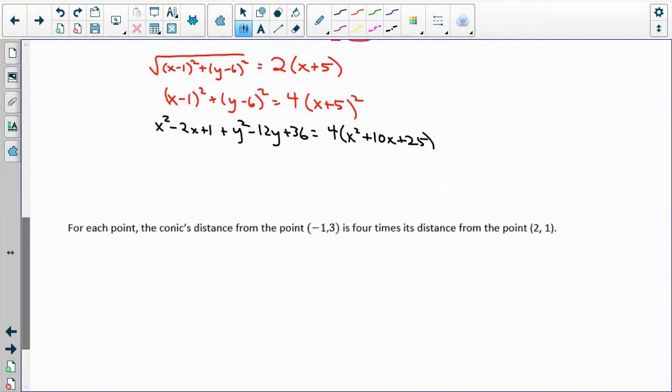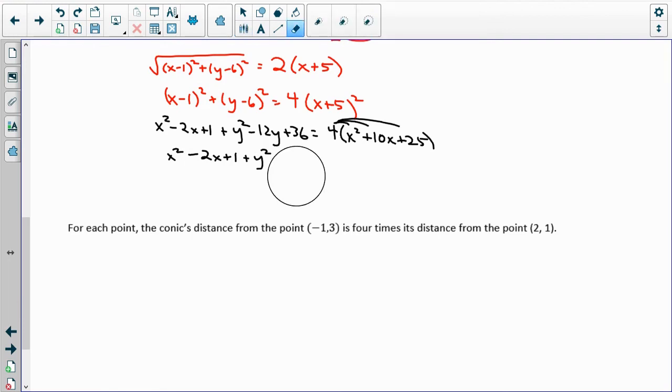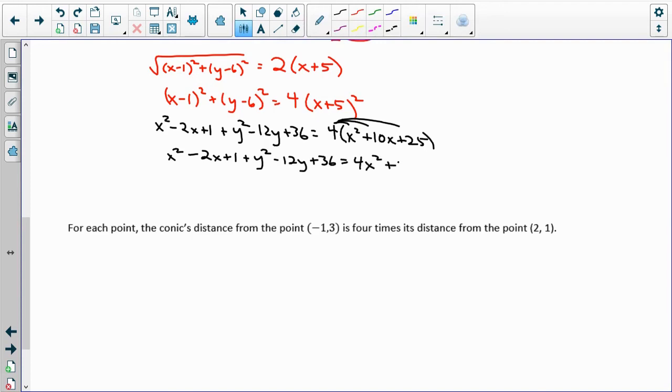As I continue to do this, now a good decision would be to distribute the 4 on the same side it originally was, because now I'm still not dealing with fractions. So plus y squared minus 12y plus 36 equals 4x squared plus 40x plus 100. So now let's subtract everything over.